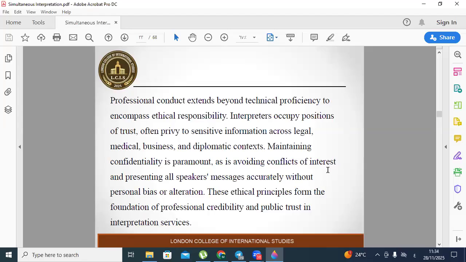These ethical principles form the foundations of professional credibility and public trust in interpretation services. Without trust, interpretation as a profession cannot function. Every ethical breach by any interpreter damages trust in the entire profession.